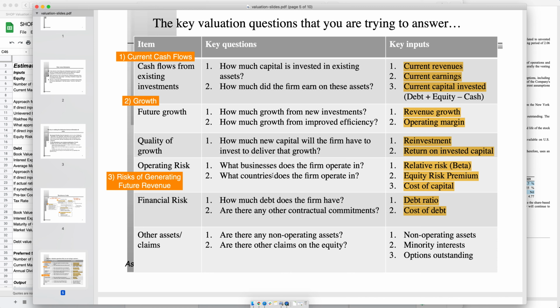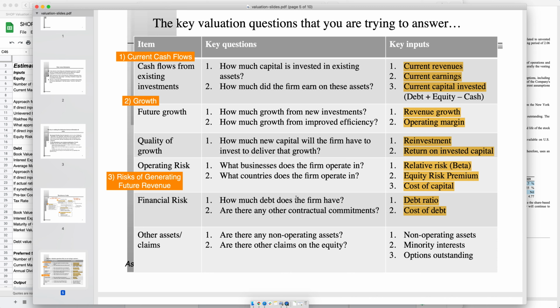Because depending on where you actually make your money, that can also represent different levels of risk. Equity relative risk is basically trying to capture the risk of the different industries, and we'll calculate that for the industries and the countries that you're in.